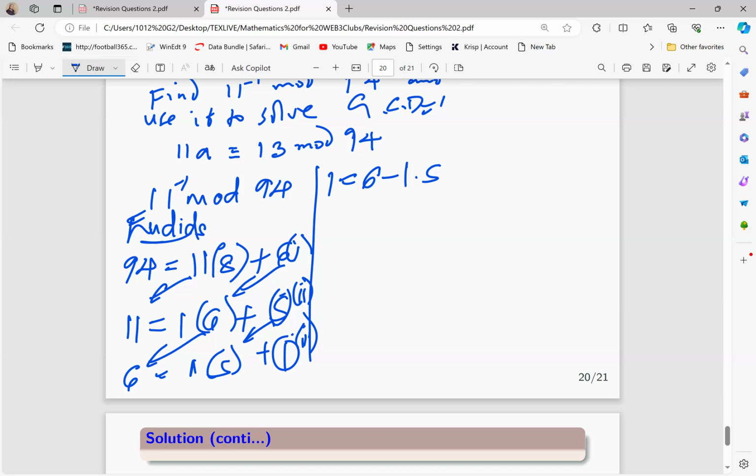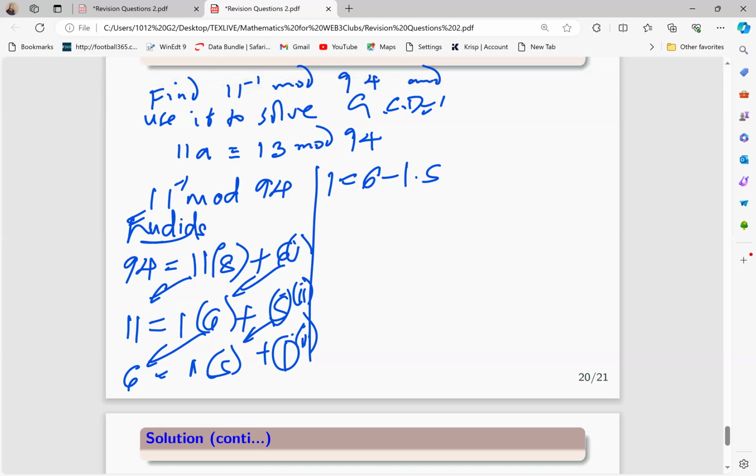So the second equation was 11 is equals to 1 times 6 plus 5. So if you replace 5, it becomes 11 minus 1 times 6. So this is the value of 5 now.